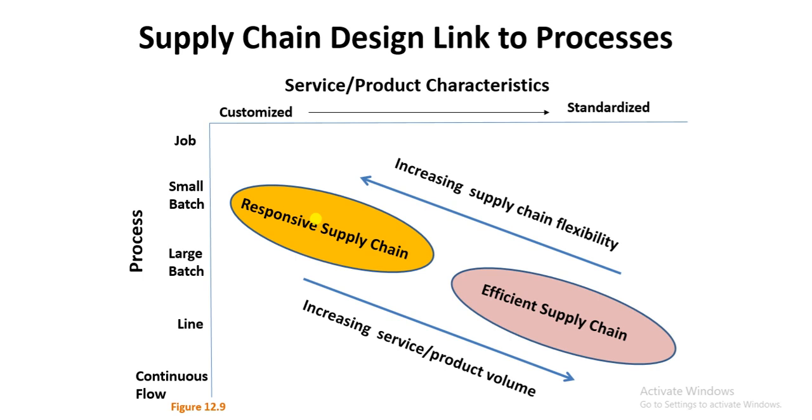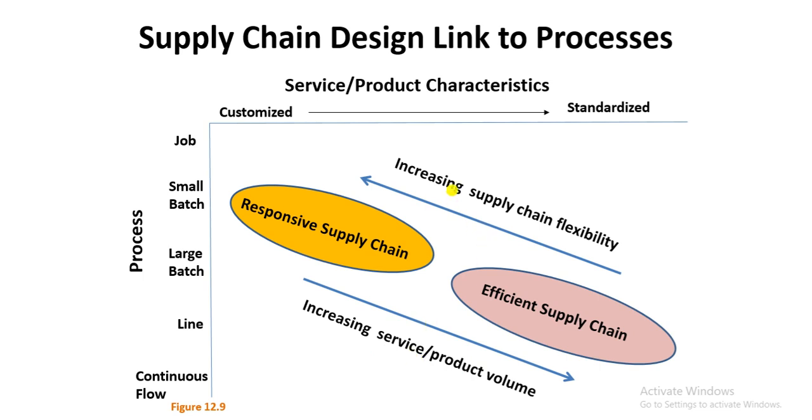On the other hand, if you are dealing with the assembly line or the continuous flow processes, in that scenario you will choose the efficient supply chain, and the efficient supply chain will help you to meet the objective of low cost operations.